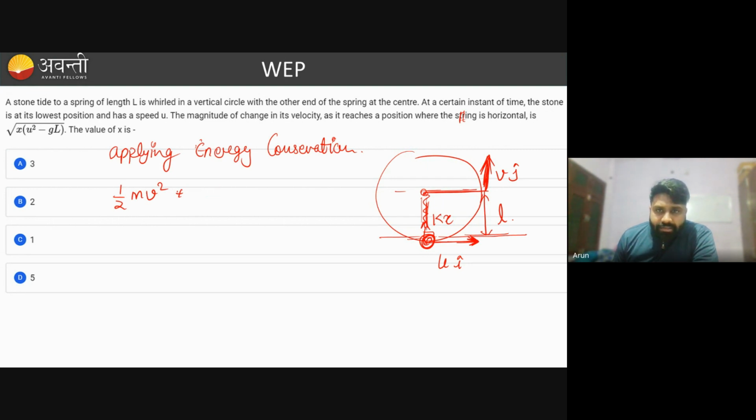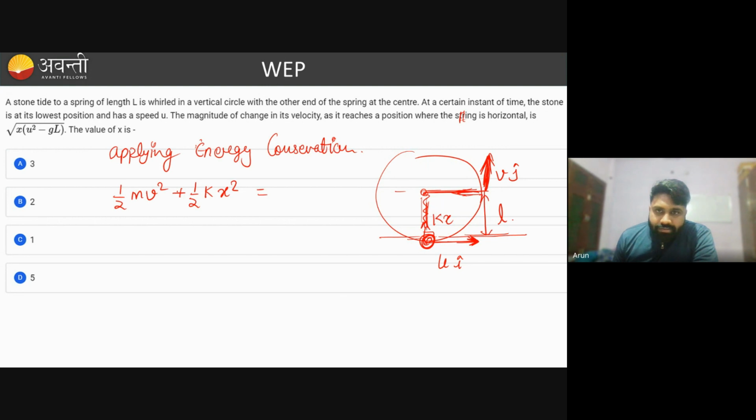Here, if you extend it by x, the potential energy stored in the spring will be 1 by 2 times kx square. At this point there will be no extension in the spring because the velocity is in the vertical direction, so there will be no opposing force.